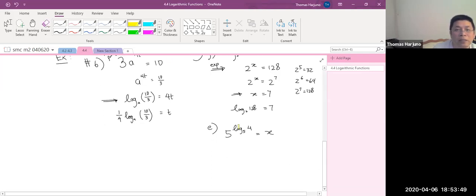If log base 5 of 4 is seen to be the exponent, then we can see that equation in exponential form, right? You can see that equation as exponential form and take a look now at the log form. Log base 5 of the answer equals the exponent.